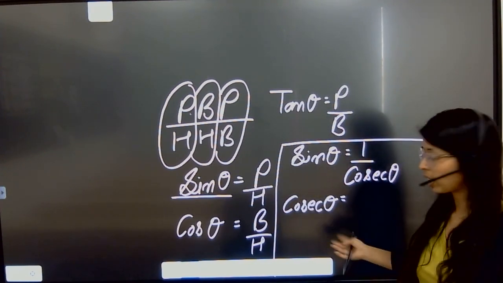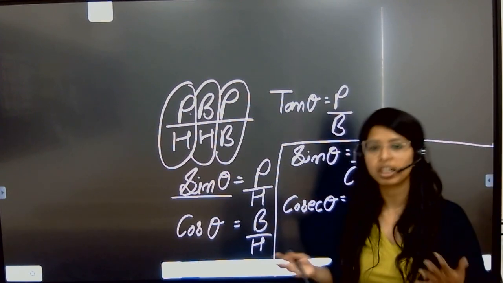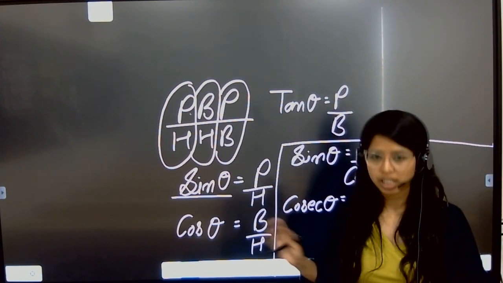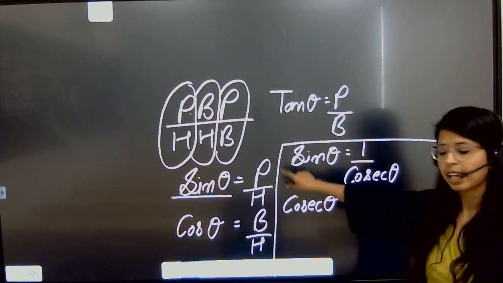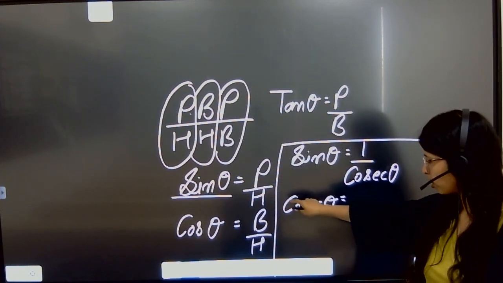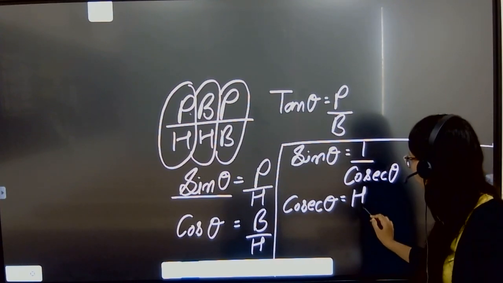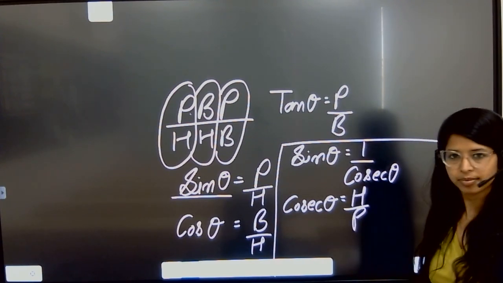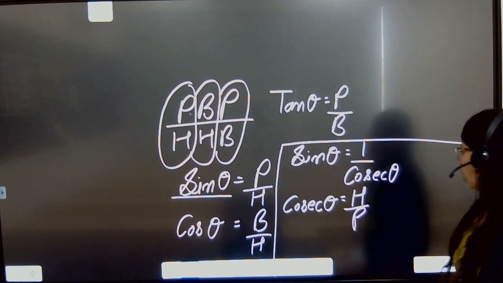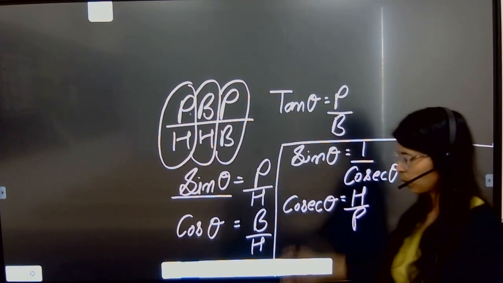So if we want to write the formula for cosec theta, we will take the reciprocal. Sine theta is perpendicular upon hypotenuse, so for cosec theta we will have hypotenuse upon perpendicular. Is this part clear? You can note it down also.